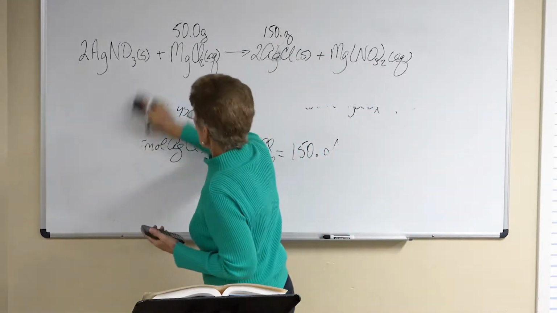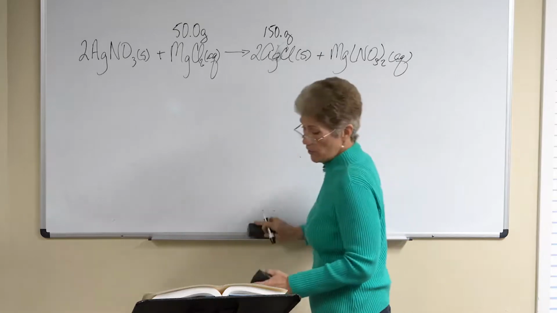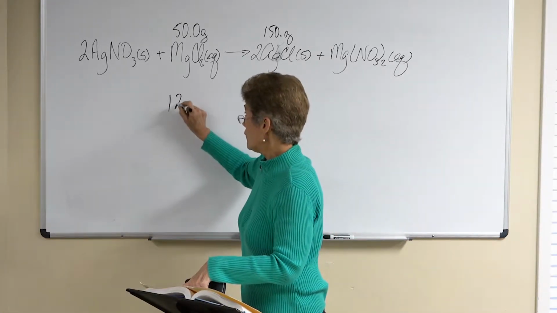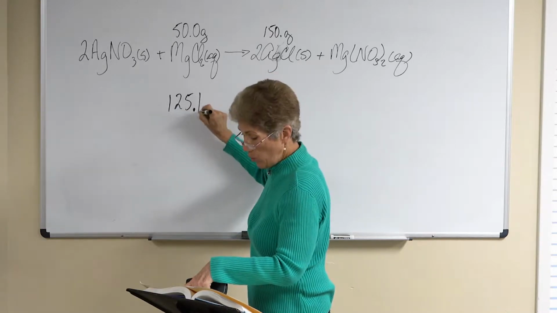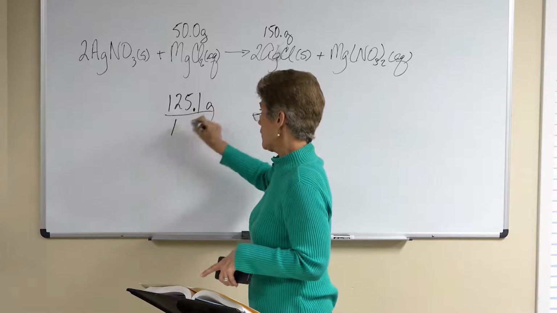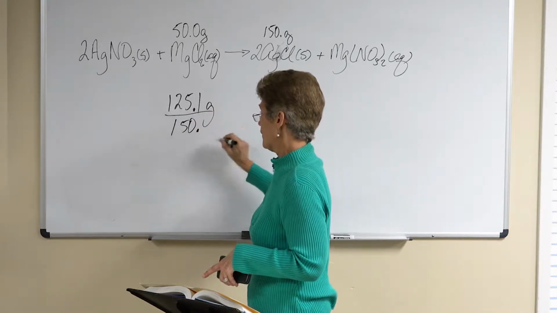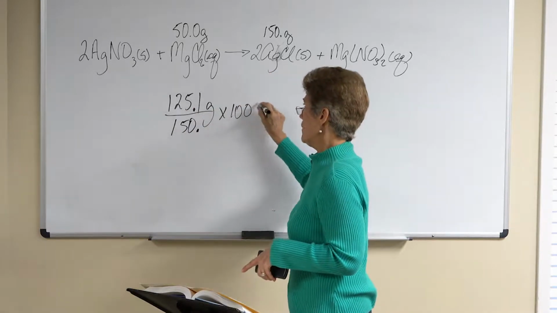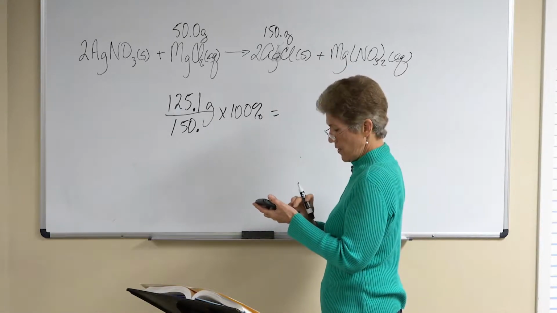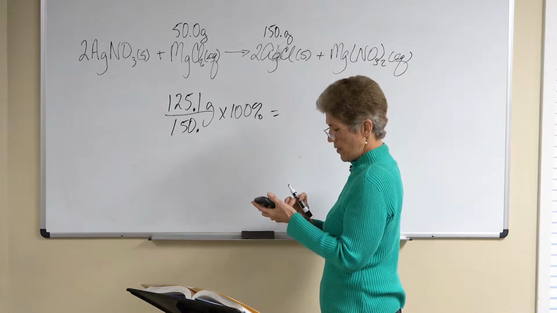So now we can look at her actual yield, which was 125.1 grams. And then the theoretical yield was 150, times 100 equals. So we have 125.1 divided by 150.